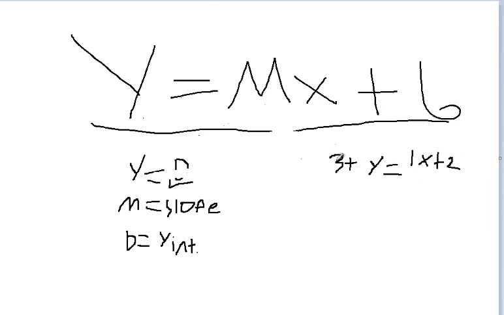Now, to solve for y is what you've got to do first. So you would subtract the 3 over here. And then it would equal y equals 1x minus, sorry, mistake, minus 1.